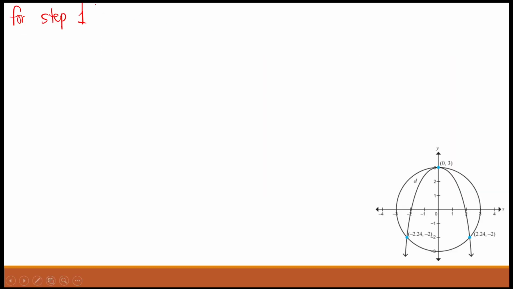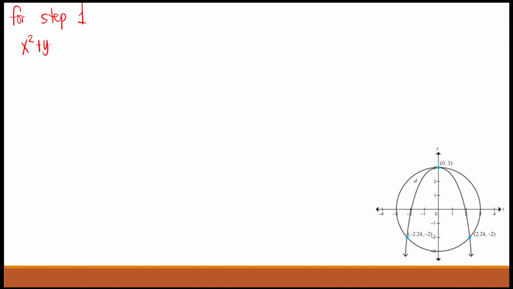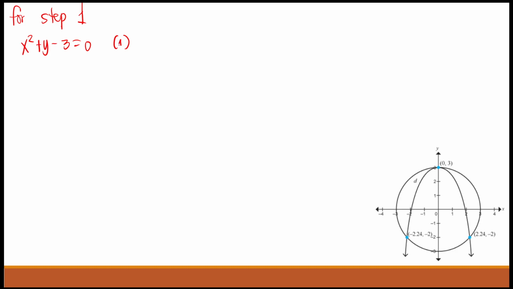Kopyahin ko lang ito sa next slide. We have x squared plus y minus 3 equals 0 for equation 1. And then for equation 2, x squared plus y squared minus 9 equals 0.